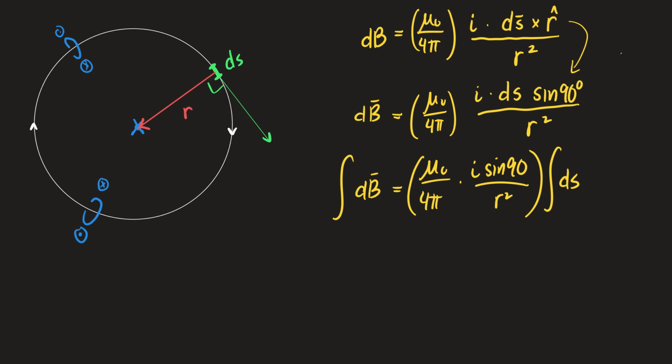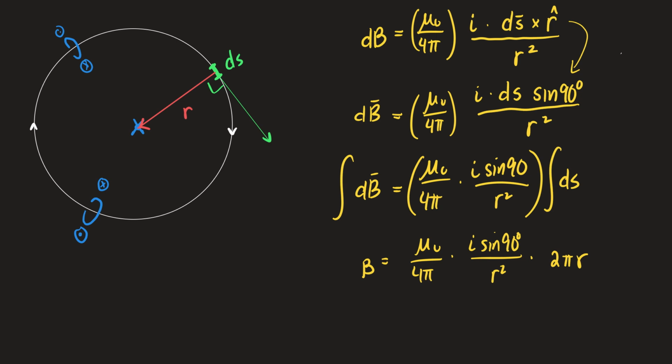I just need to add up the entire length of the circle. So I will get that the entire magnetic field equals mu naught over 4 pi times I sine 90 degrees over r squared times 2 pi r, the circumference of the circle. We all good? The easiest integral we've done all year, most likely.